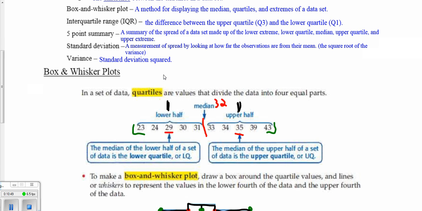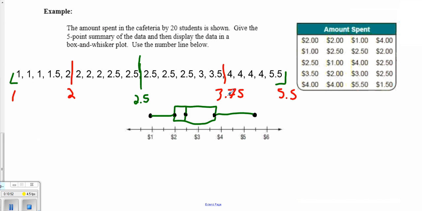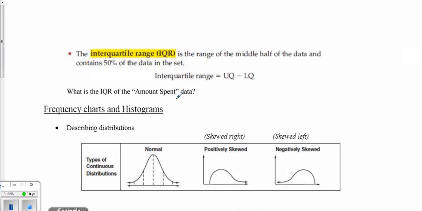Well, looking back, we would need to take 3.75 minus 2, upper quartile minus lower quartile. So 3.75 minus 2 means our interquartile range is 1.75. All, or 50% of our data is only going to be $1.75 away from each other.